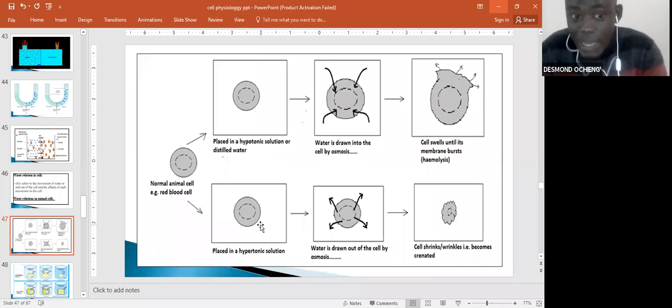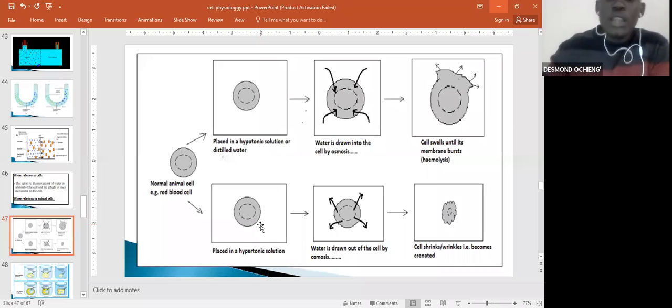We are not saying that the animal cell does not contain solutes. The cytoplasm and the vacuole inside the animal cell are also concentrated because of the presence of certain solutes. But when compared to this hypertonic solution, this solution is more highly concentrated than the animal cell.